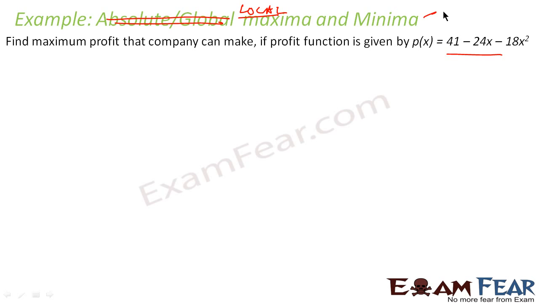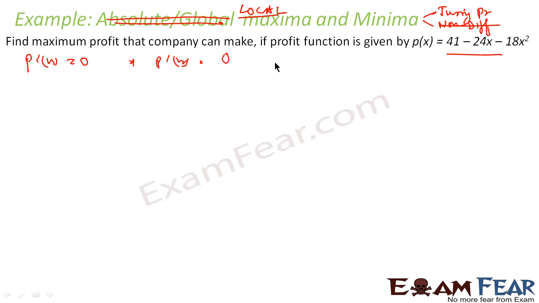For local maxima and minima questions, we can't have the end point because there is no end point. The only points we can consider are turning points and non-differentiable points. But this is a continuous function, so non-differentiable points are not in the picture. So we can consider only the turning points, that is p dash x equal to 0. Let's find p dash x.